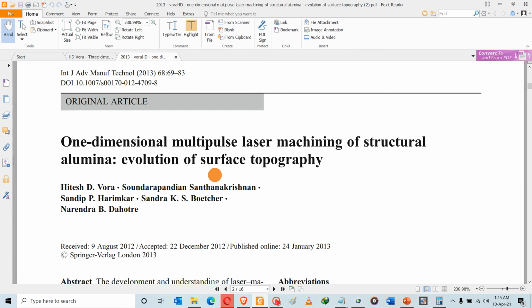Even though the simulation will not be focusing on the evolution of surface topography, and the machining is not one-dimensional, we are going to simulate a moving heat source, which means that it's going to be three-dimensional or two-dimensional, and the laser heat source will be continuous first, and then it will be a pulse mode laser machining process.